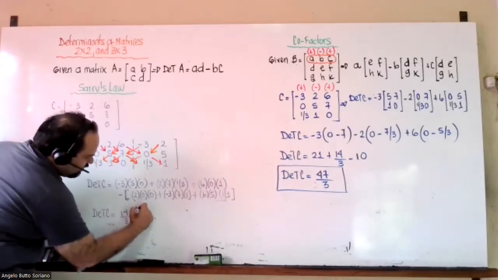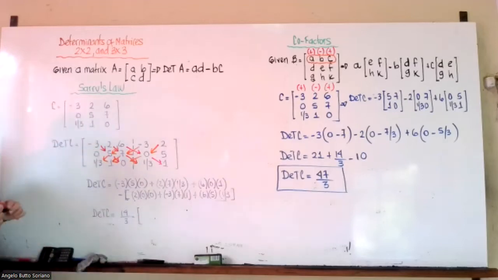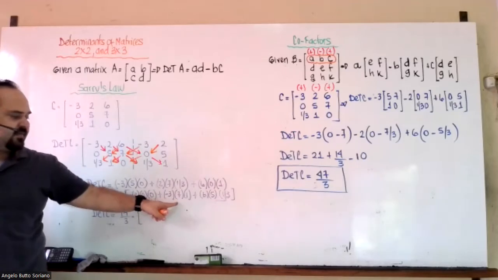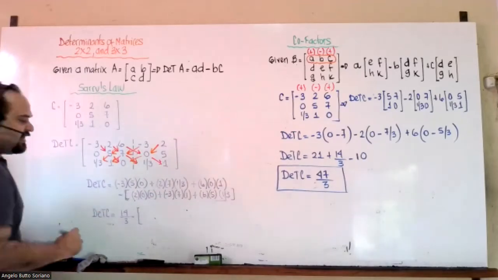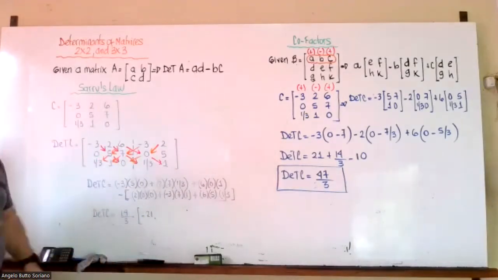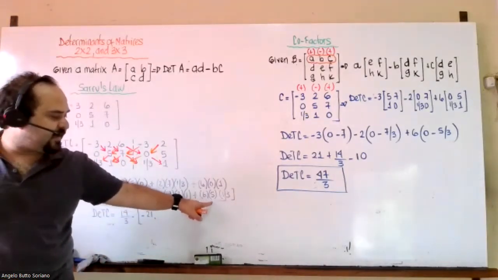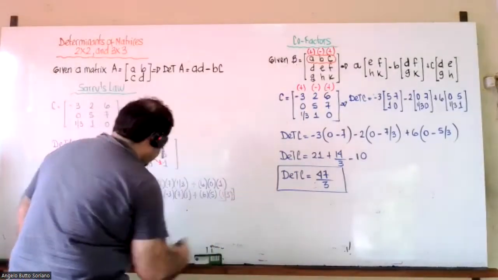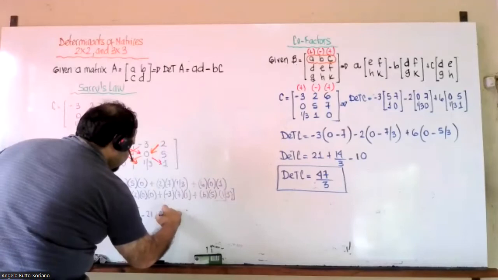Subtracting, we can open a bracket or parenthesis as you wish. 2 times 0 is 0. Negative 3 times 7 times 1 will be negative 21. Right? Plus 6 times 5 is 30. 30 times 1/3 will be 10.